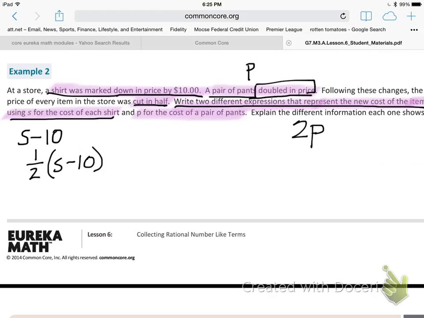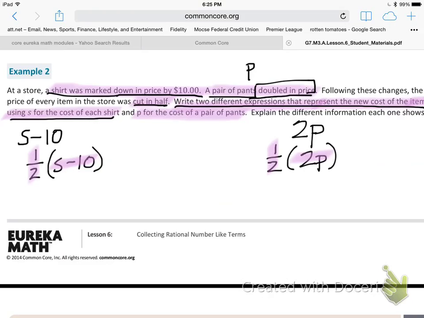That would be our first expression for that new cost, because we have that original S minus 10 sale, and then we have half of that. Now the pants stays as 2P, and then 1/2 there. Again, it's that doubled in price pair of pants, and then 1/2 there.